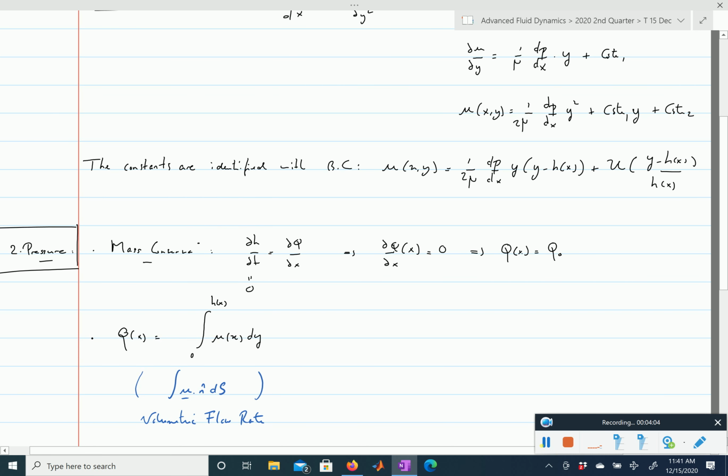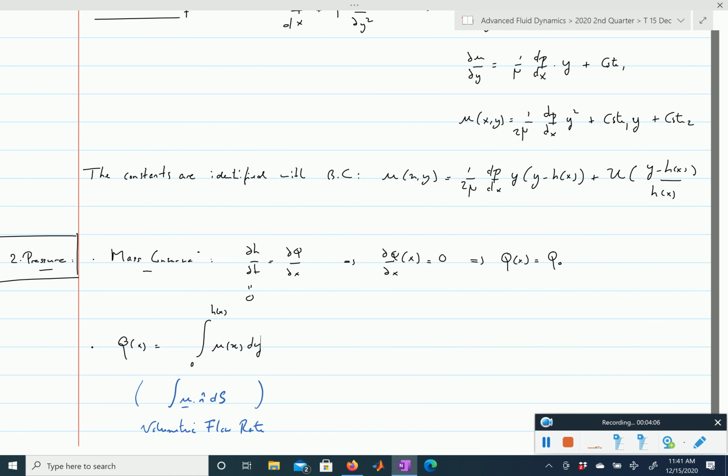And now we just need to compute this integral, and we can compute it because we know what the dependence on y is. Even though we don't know what dp/dx is, we're integrating here at constant x, so that is not a problem. We integrate the first term, which is the Poiseuille flow, to get the volumetric flow rate.